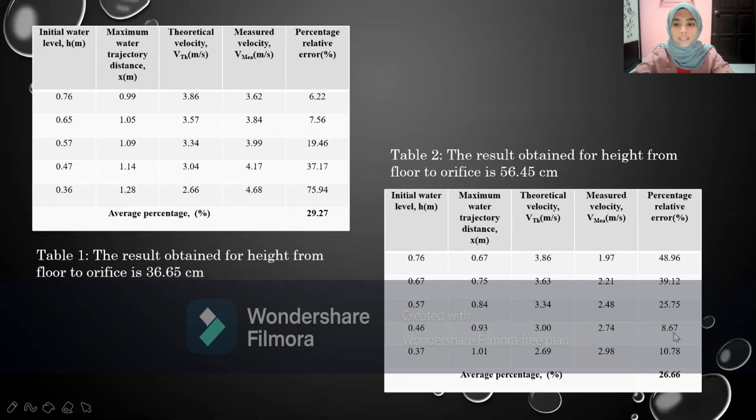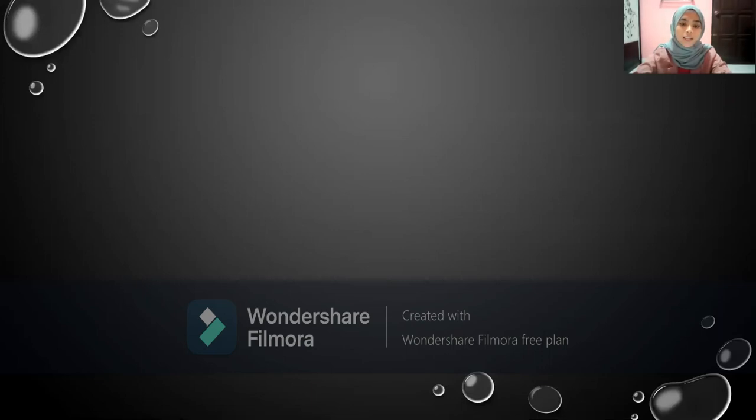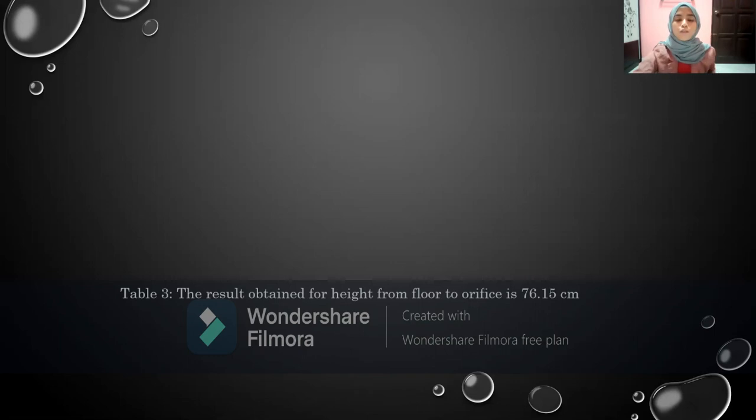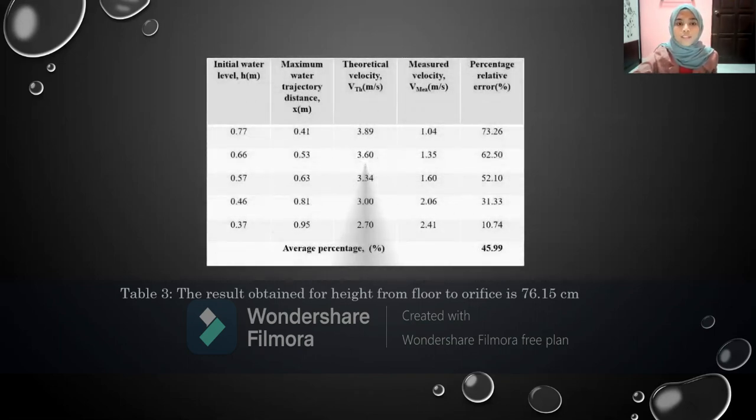The fourth one is 8.67, and the last one is 10.78. So the average percentage is 26.66%. And then for the last one, the result obtained for the height from floor to orifice is 76.15 centimeters.